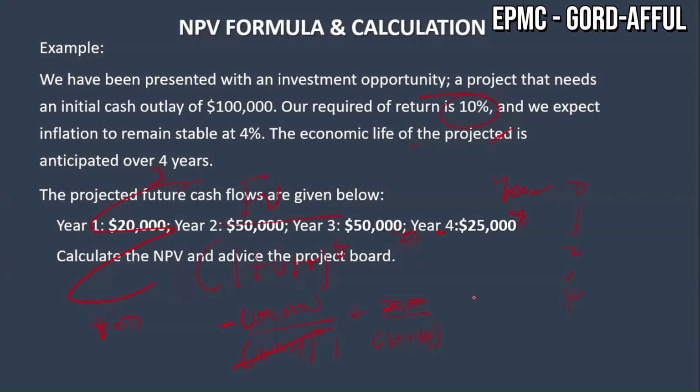It's 1.14, isn't it? Simplify that, make life easy. So this one will go to year one, plus year two is 50,000 over 1 plus 0.14 raised to the power 2. Year three is how much? 50,000.